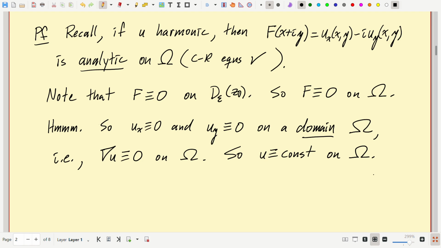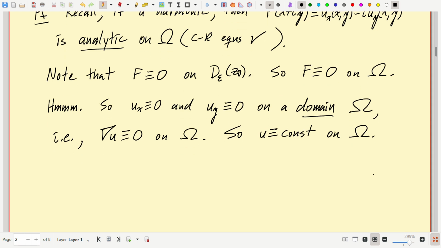I'd assume that U is 0 on the little disk. So if it's constant, it would be constant on that disk, too. So the constant has to be 0. So since U of z naught is 0, that constant must be 0. So that's how you do it.